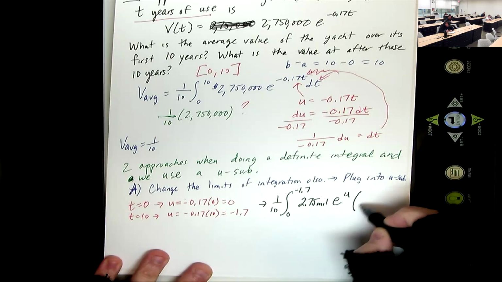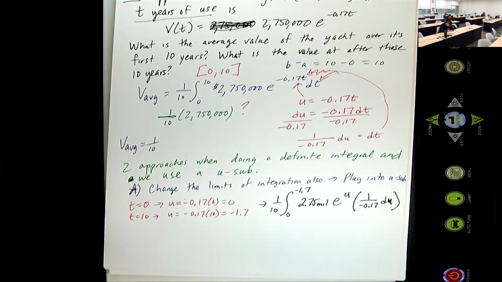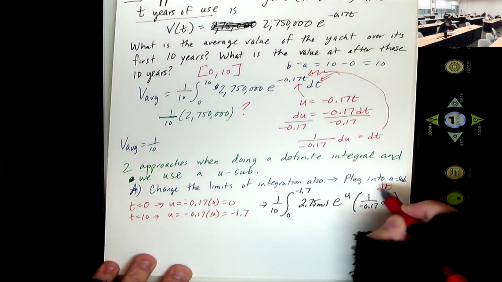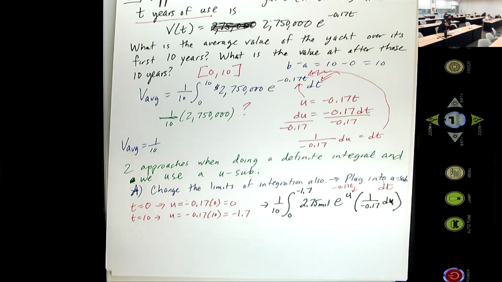And the dt turns into 1 over negative 0.17 du. So here I replaced the dt, and that was my negative 0.17 t. And the cost of making the swap was changing the limits.